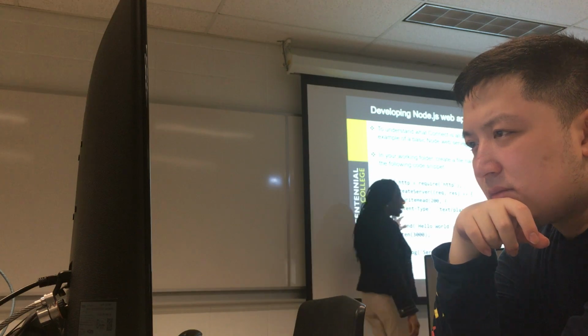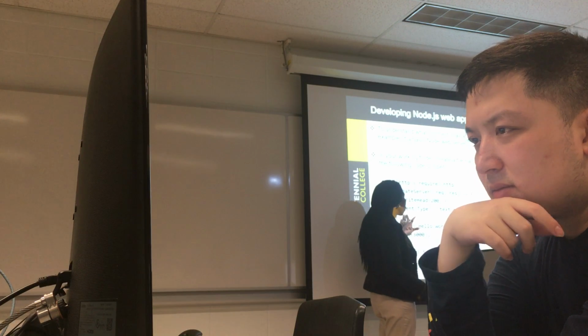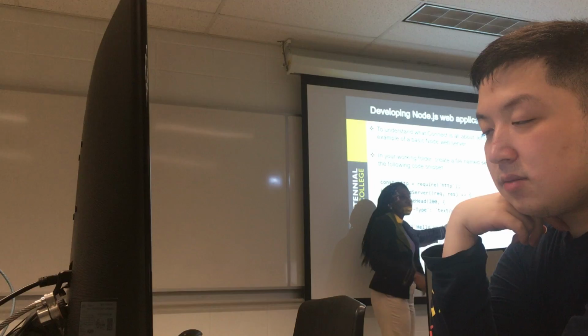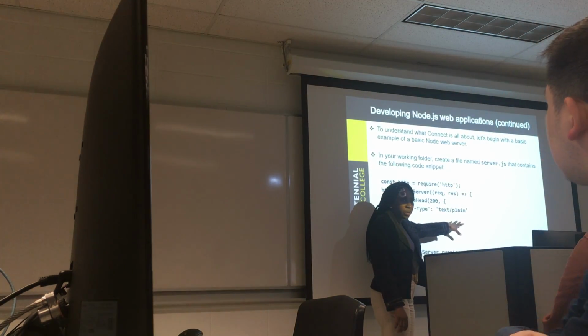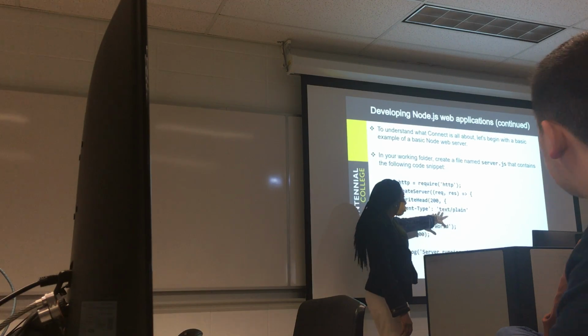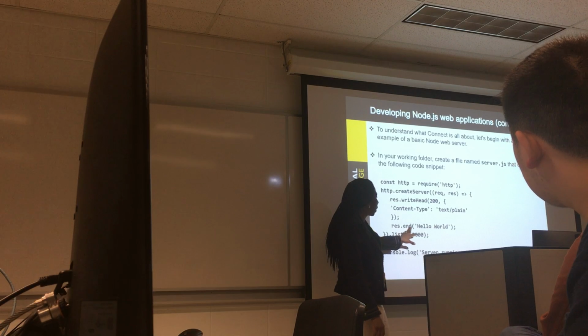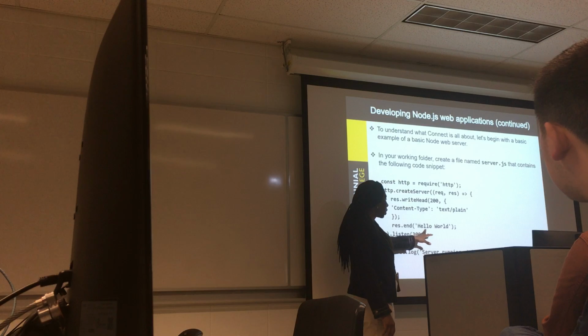Then in the header of the response it is sending, we want the content it sends as a response to be in plain text. If you want it to be in XML, you have to specify. So it should return the response in plain text, and with response.end, what we are trying to send is hello world.